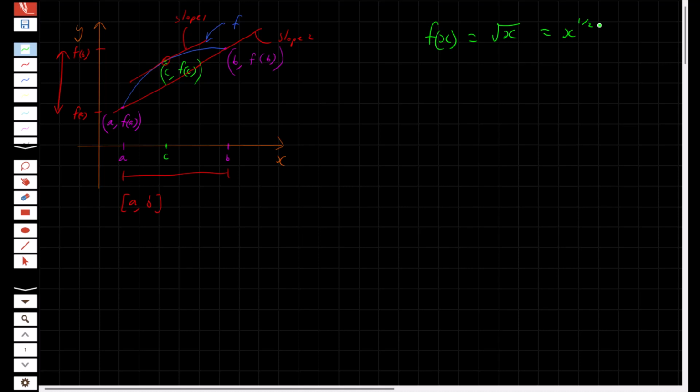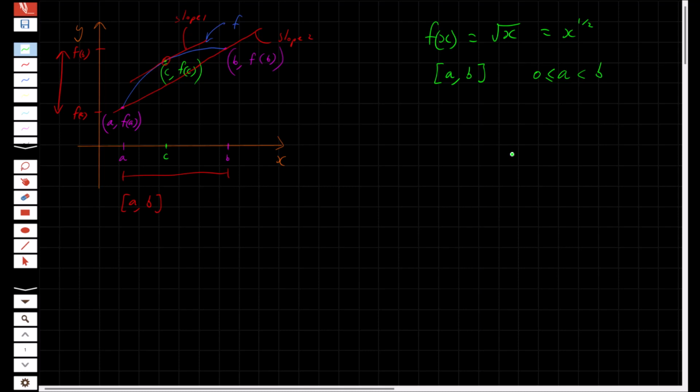In this example, we want to verify the conclusion of the mean value theorem for this function on the interval a, b, where a is greater than or equal to 0 and b is greater than a. We want to verify that there is a point C in between A and B where the tangent or the slope at that point C is equal to the slope of the chord line between A and B.